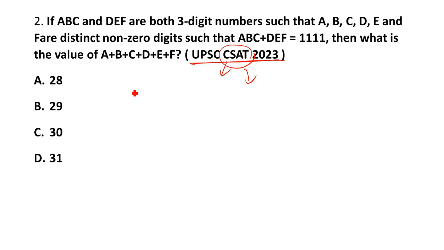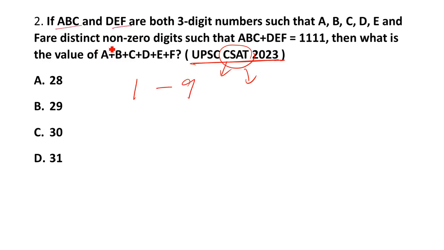Okay, so they say that if ABC and DEF are both 3-digit numbers such that A, B, C, D, E, F, these 6 are distinct non-zero digits. That means from between 1 to 9 you can find these 6 digits.